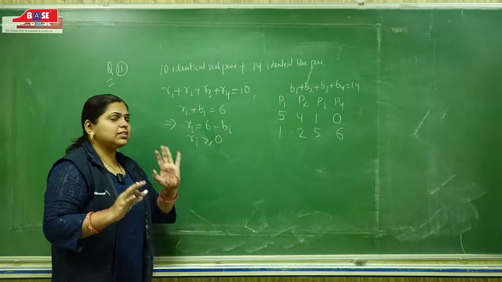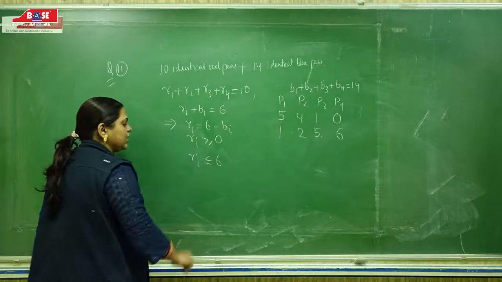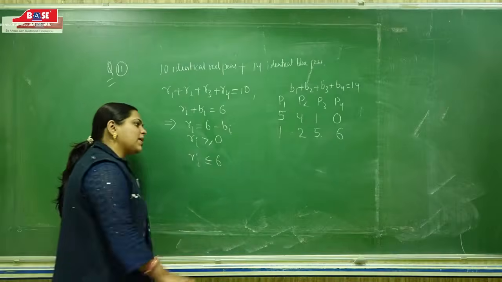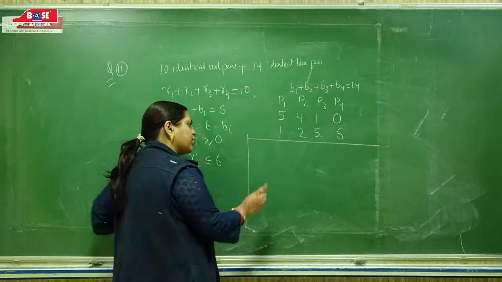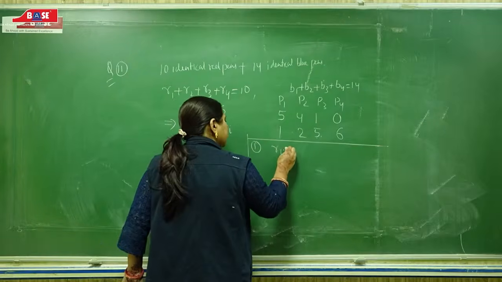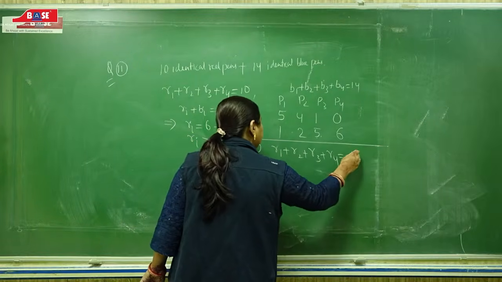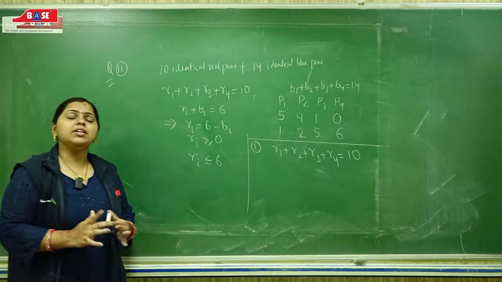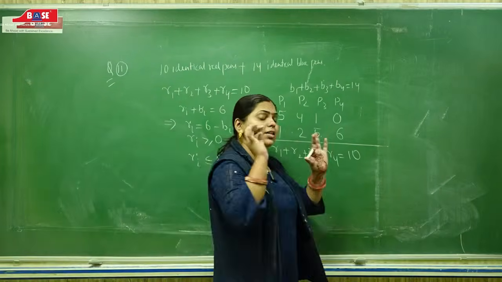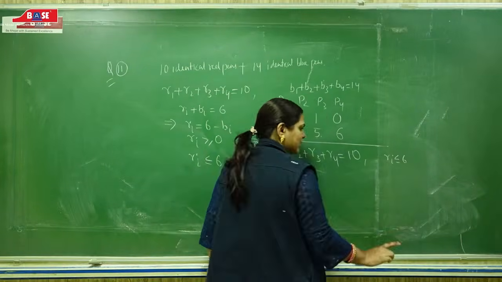Under this restriction, you can also observe that Ri should be less than or equal to 6. So what is my question? Please listen very carefully. First, I have to find the number of non-negative integral solutions of this equation, under the restriction that Ri should be less than or equal to 6.